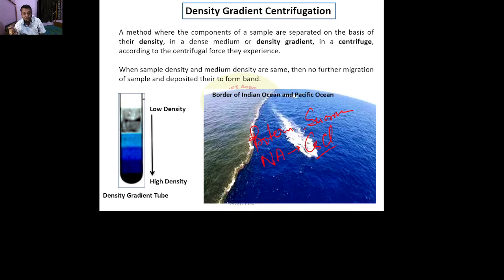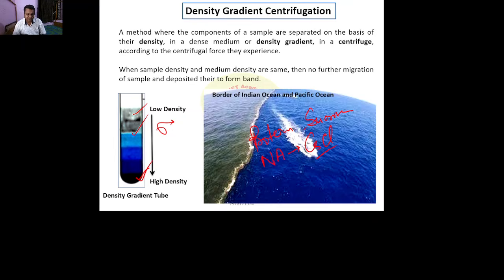One thing is, when you have prepared the density gradient, the higher density solution remains at the bottom and the lower density remains at the top. So one question comes: when you are applying centrifugal force on it, is there a chance of intermixing, because all these have the same composition, an aqueous solution of what? Sucrose. So is there a chance of intermixing?